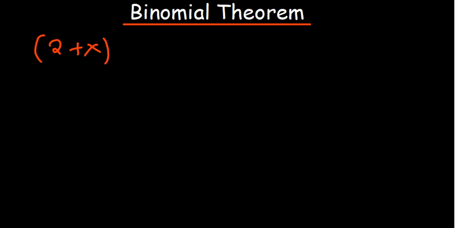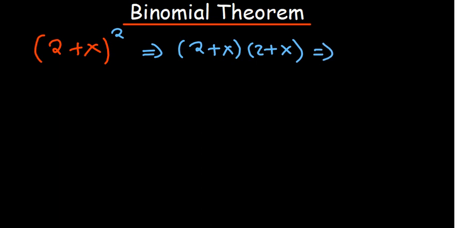Now I'll use a simple one to the power 2, which you're able to expand without any need of the binomial theorem. That's the same as 2 plus x times 2 plus x. If you expand that, 2 times 2 is 4. Of course you have x squared plus 4x, I believe, plus 4.